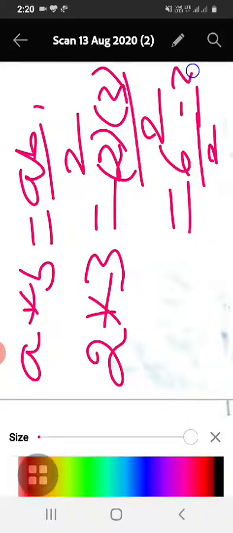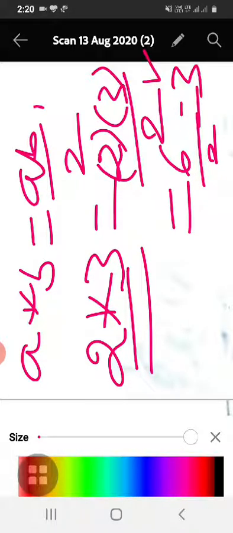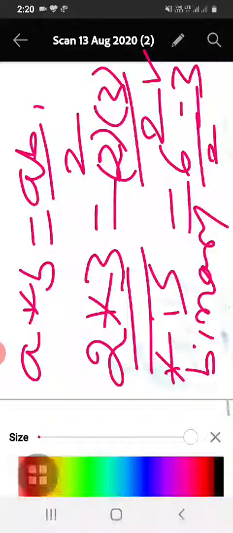So 6 by 2 becomes what? 3. See, I have considered two rational numbers, so I got another rational number. Therefore what is the conclusion? Therefore star is binary. So our first thing is over. Star is binary. So let us check for commutativity.